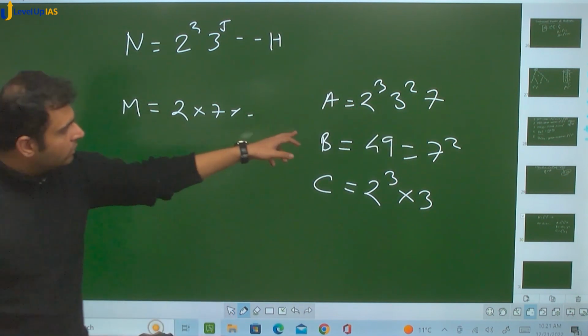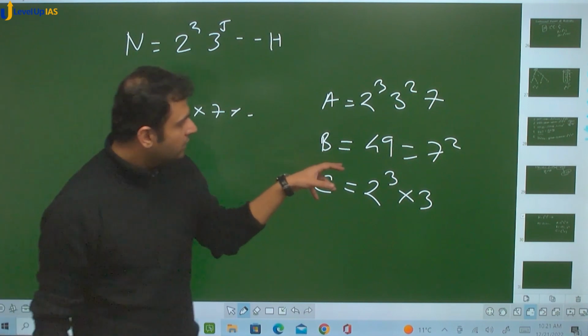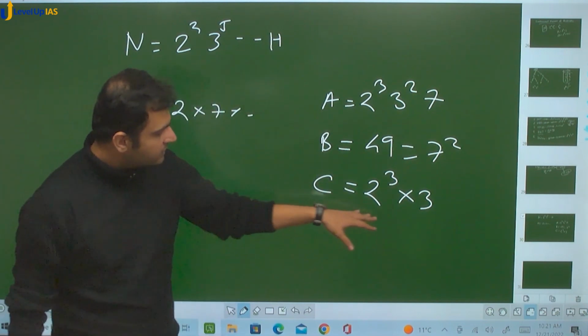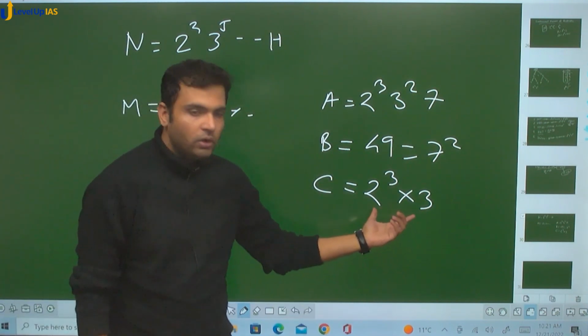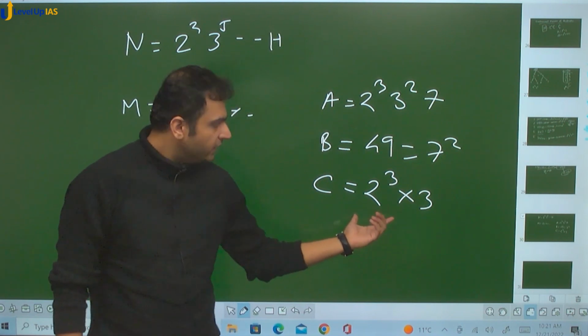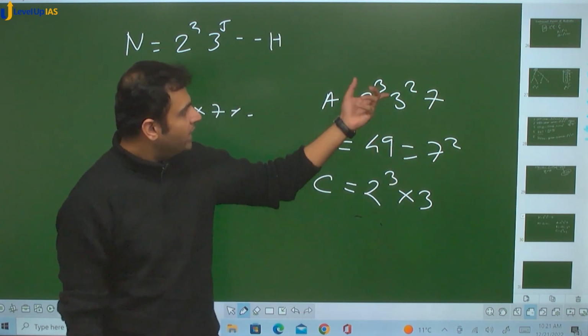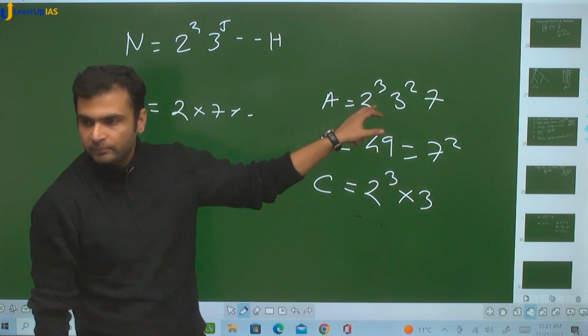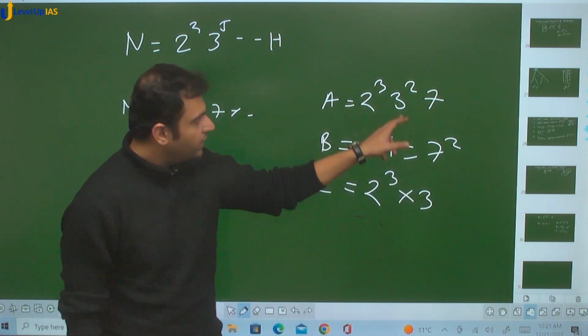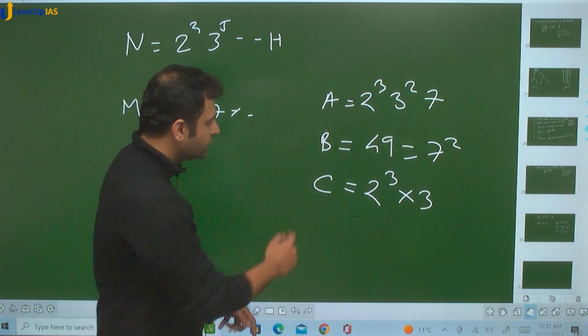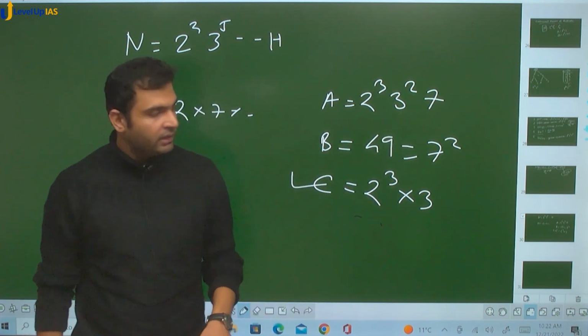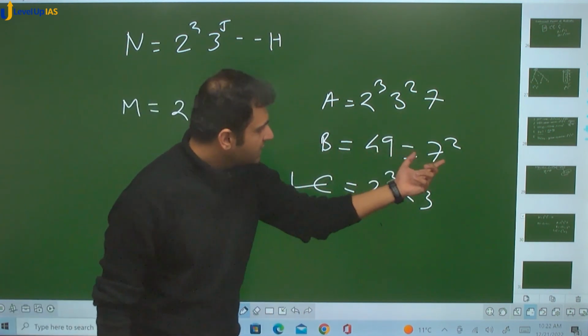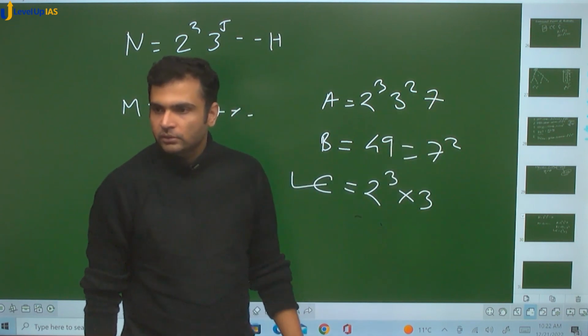Now, all we want is, for example, let us consider this C. Are all the prime factors with their corresponding powers appearing inside A? Does 2 raised to 3 appear inside A? Yes. Does 3 appear inside A? Yes. So this is a factor of A. For B, does 7 raised to 2 appear inside A?